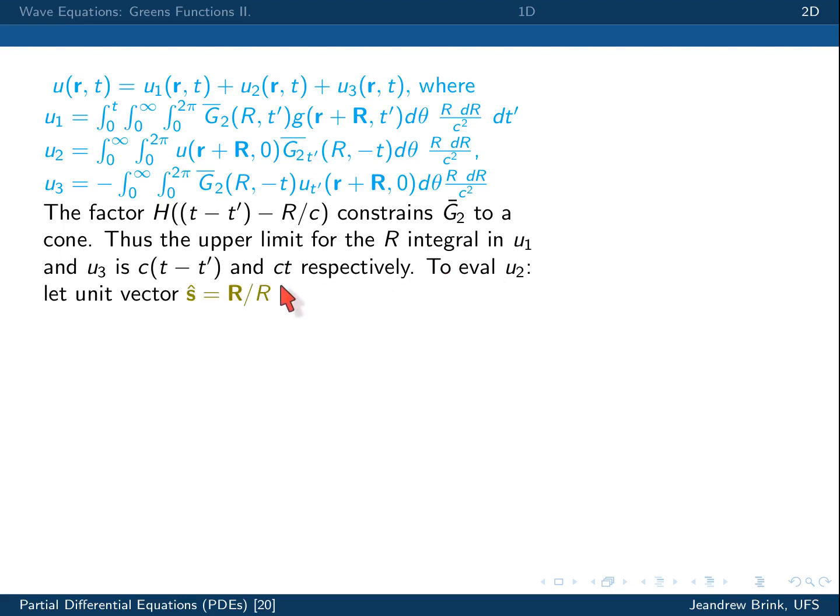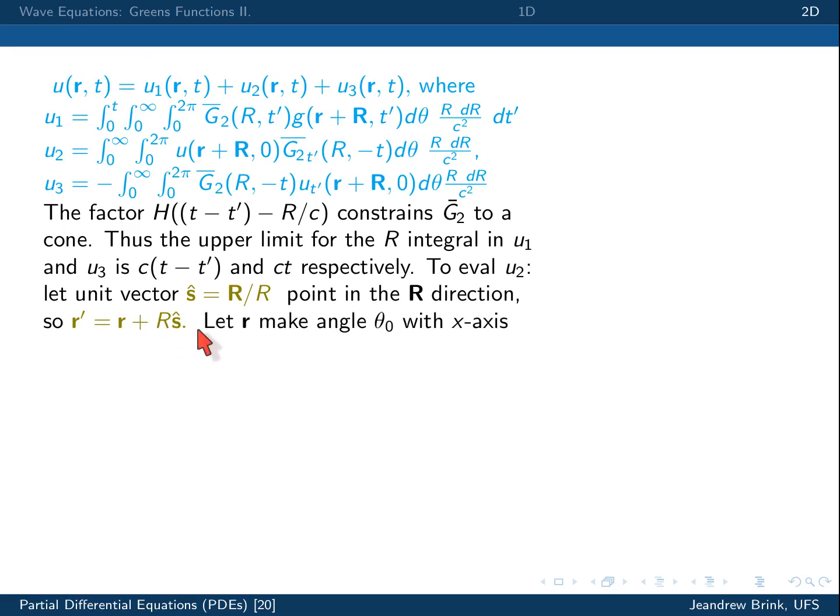To do that, I'm simply going to write out all the details. The first thing I'm going to need is a unit vector that points in the R direction, so it's basically the R vector divided by its norm. I can then express R prime as R, the field point, plus R times S hat.